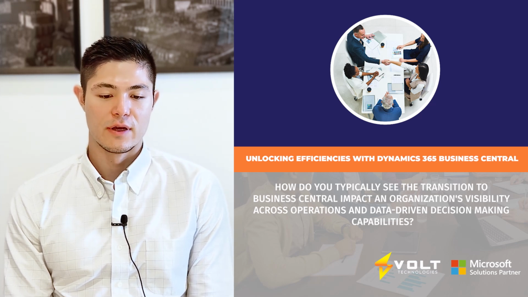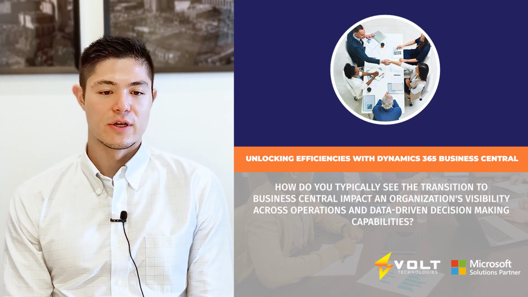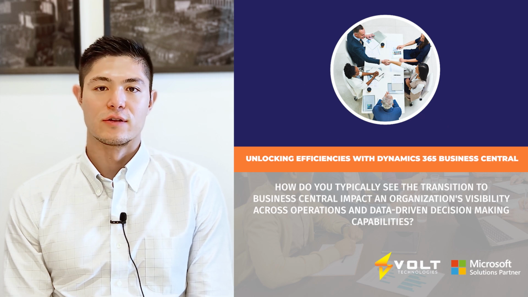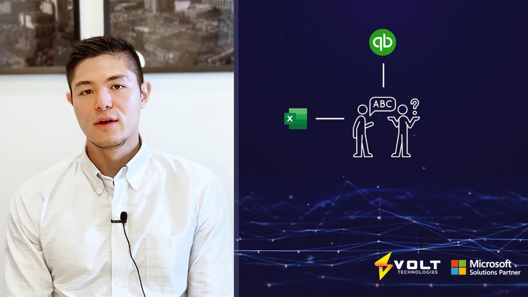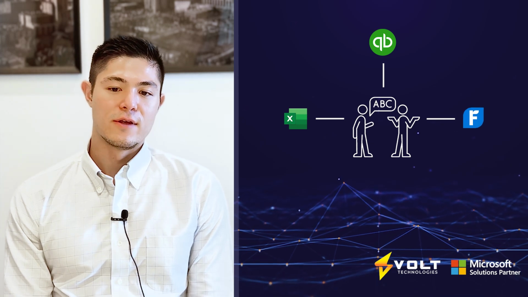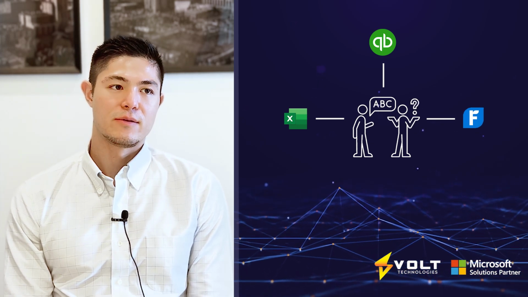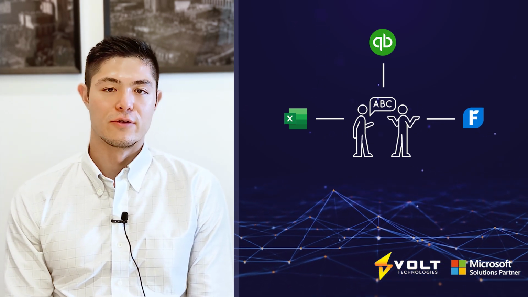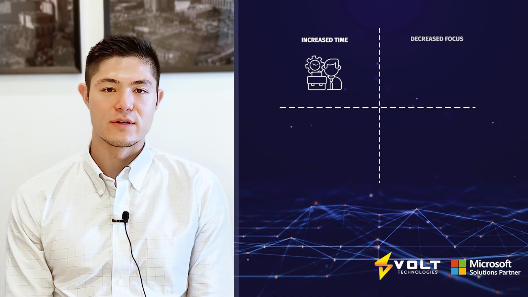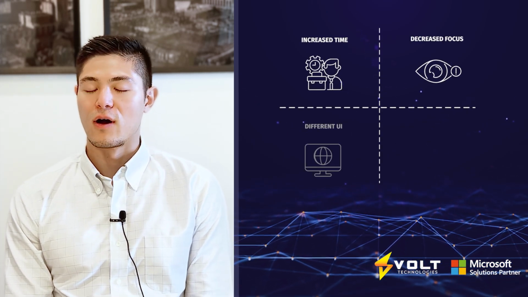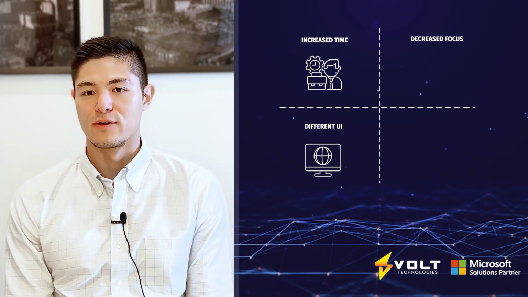I think the first being the fact that context switching, or switching between different applications, hey, I've got to flip into Excel, I've got to flip into QuickBooks, then I've got to go flip into a separate software. This type of switching actually has a big impact on your users, right? This is something that will take time, it will take focus away, just different UIs, different processes, different keystrokes.